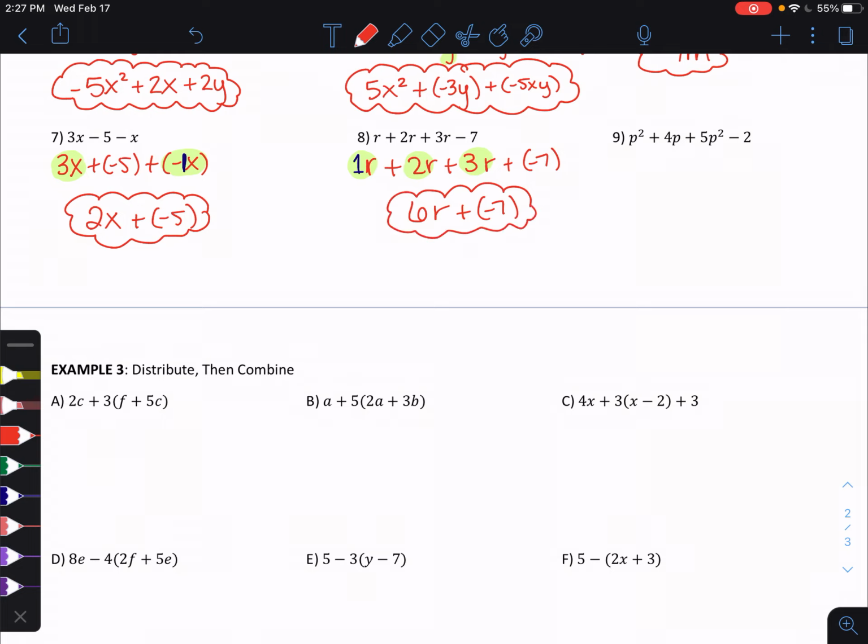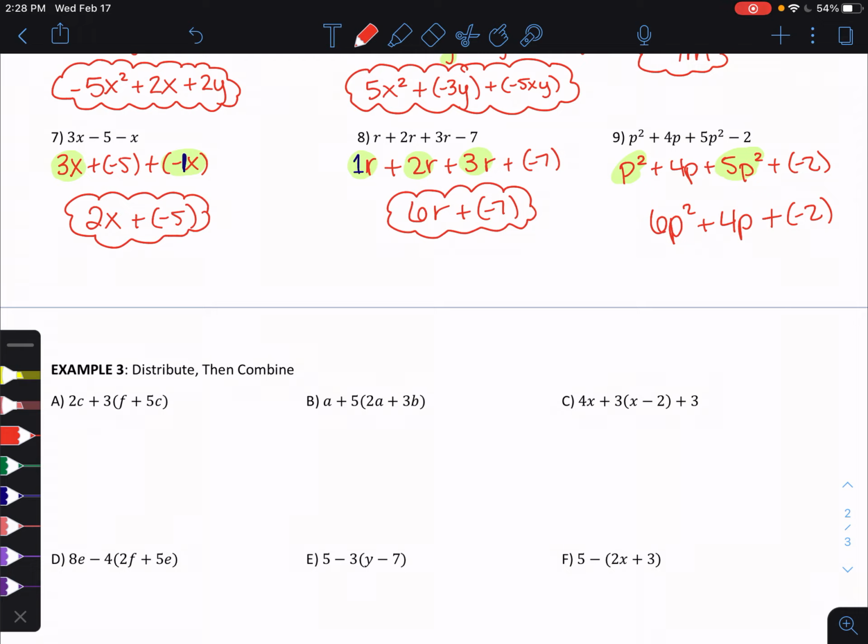And then in the last one, I've got p squared plus 4p plus 5p squared plus negative 2. I've got some p squareds in common. So 1 plus 5 is going to be 6p squared plus 4p plus negative 2.